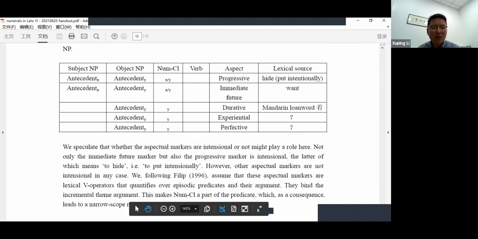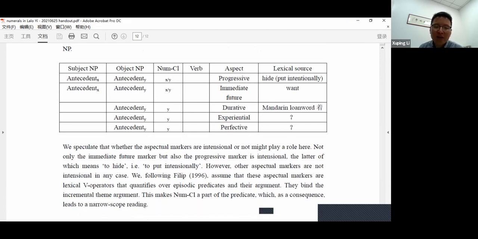But we speculate that whether those aspectual markers are intentional or not might play a role here. The immediate future is expressed by want and the progressive is expressed by hide, so I would reinterpret hide as to put something somewhere intentionally. So maybe this will play a role here.